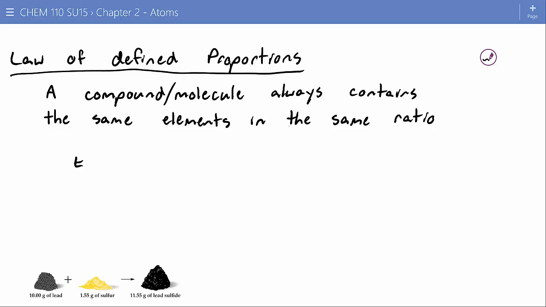And the example I already brought up to you guys was water. And with water, we said that water can be chemically written as H2O.